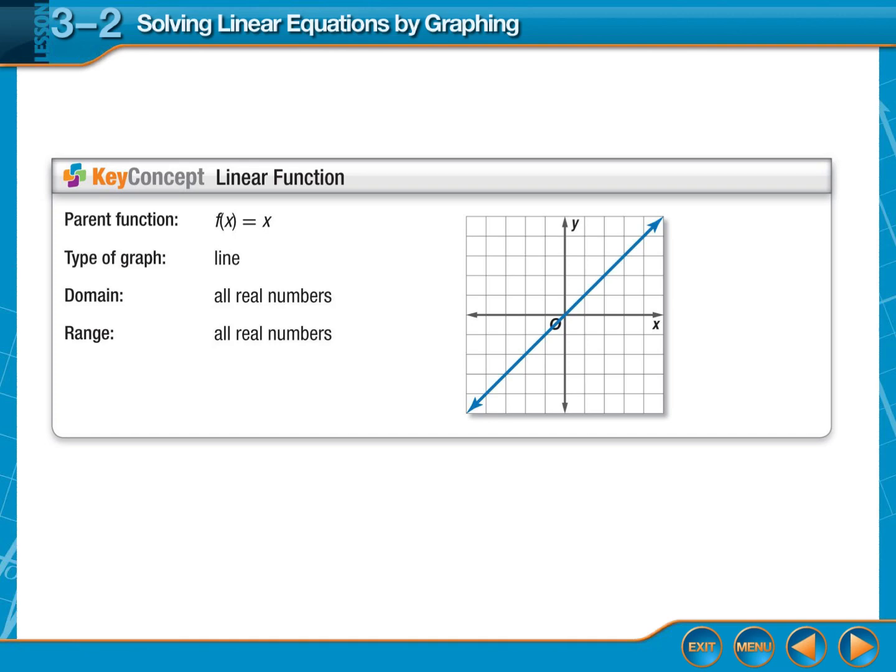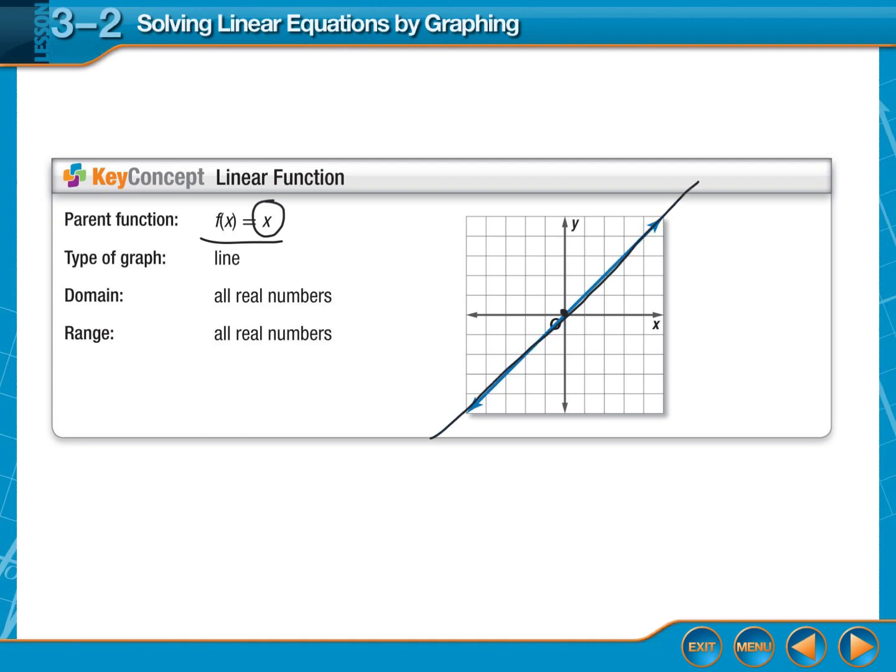Linear equation f of x equals x. That is the parent function. The parent function is when x is just by itself, there's nothing else happening to x. So we know our x-intercept here is 0, and it just goes straight through.